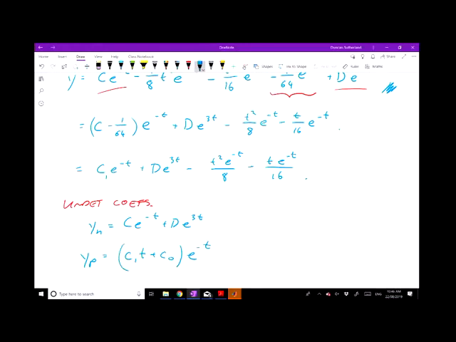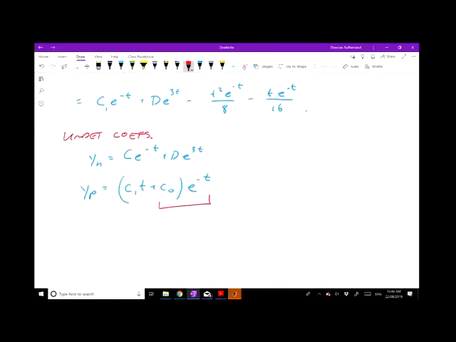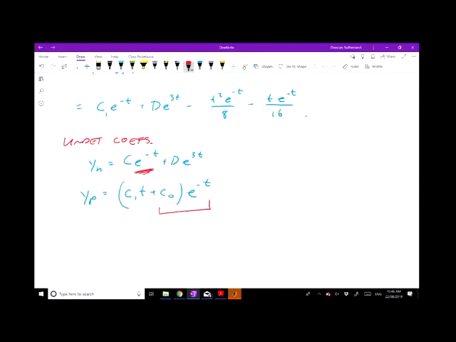Yeah? We've got a first order polynomial times e to the minus t. What's wrong with that guess is we're substituting e to the minus t into our particular solution. e to the minus t solves our homogeneous problem. So we're going to find a resonance case.